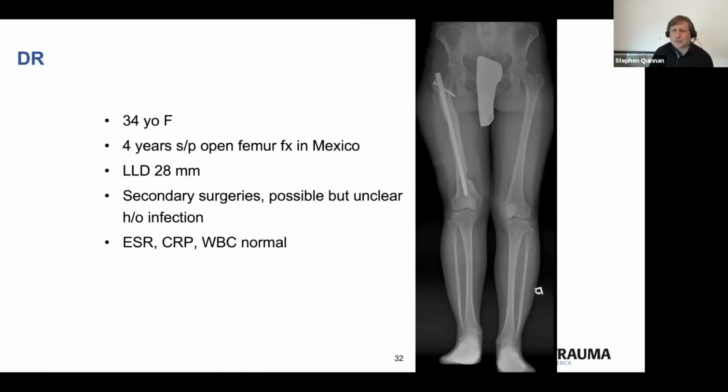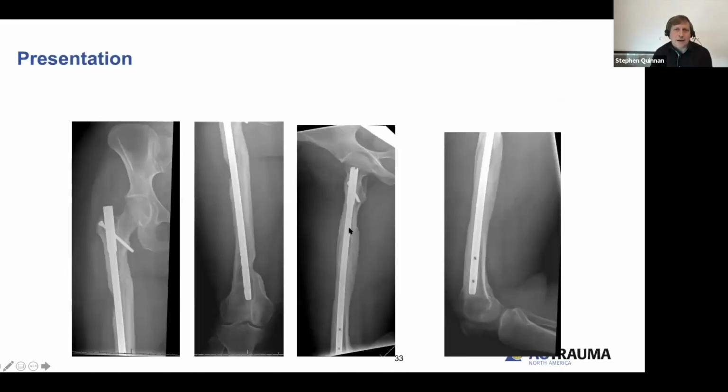She wasn't really sure what happened, even though she's actually a nurse. Needless to say, she had no clinical signs of infection. Everything was normal, but I didn't feel totally okay with doing an osteotomy yet. So this is what it looks like, once again showing that we have lucency around the nail, especially distally, but nothing that really blows us away.